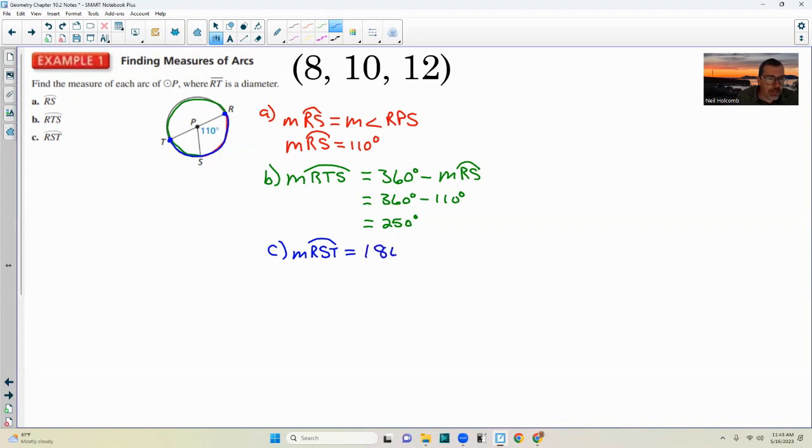So that's 180 degrees, which we stated in the last page. If an arc is half the circle, it's 180 degrees. So if the endpoints of the arc are a diameter, then the arc measure is 180 degrees. Okay, so there is a little example for measures of arcs. Now try exercises 8, 10, and 12.